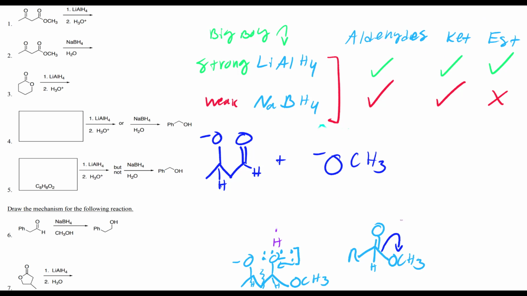Well, remember how this bond broke? Those electrons left the carbon, so that must mean that this section right here is going to have a partial positive, because the electrons left right here. So that means that another lithium aluminum hydride can donate another hydrogen.